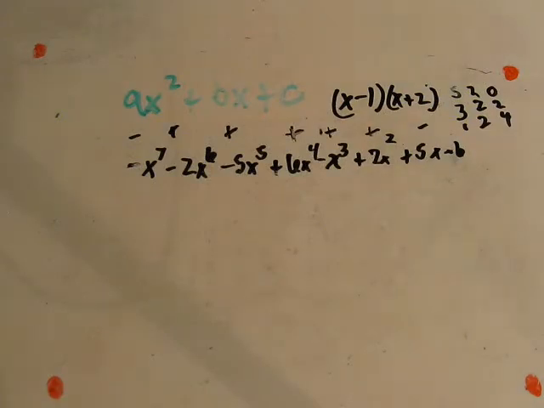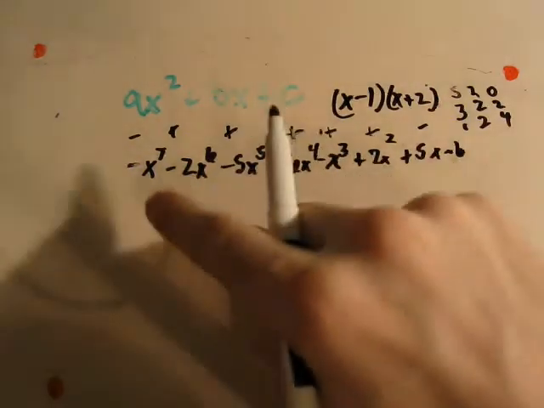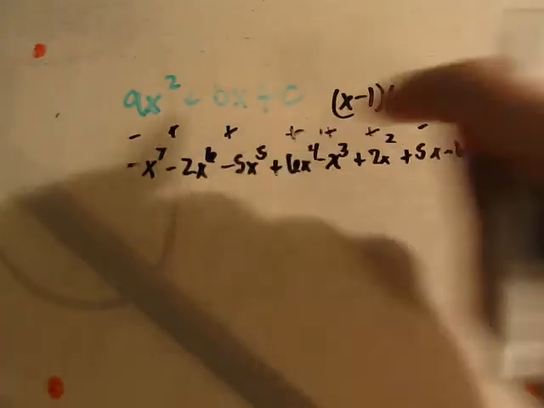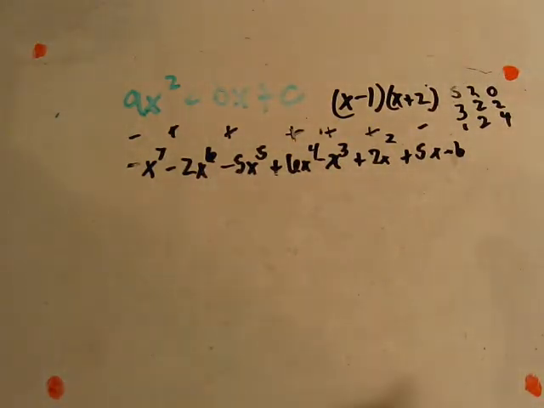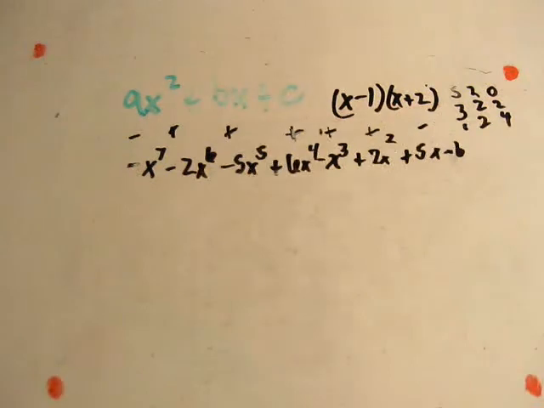Basically, it follows the rule that you take your highest number, you take your highest quadratic number, and then you take the factors of these two here.